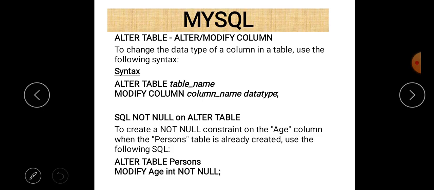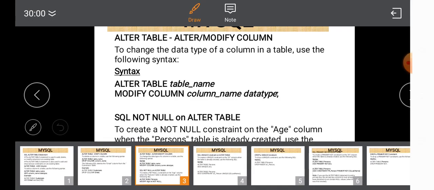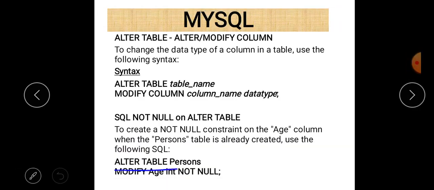First of all, let us talk about not null. Here you can easily see: alter table persons modify age and just write not null. So modify, then the column name, which is age, then the data type, and after that the name of the constraint, which is not null.